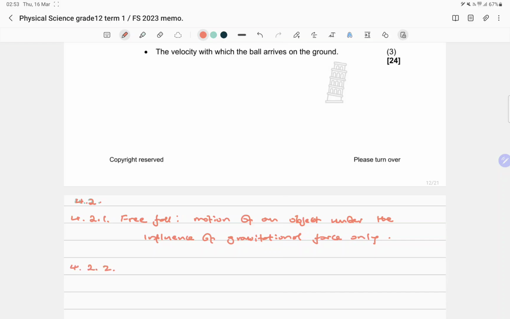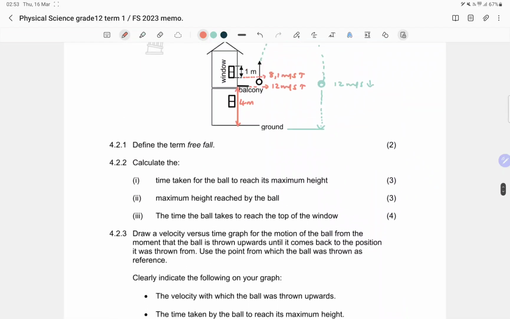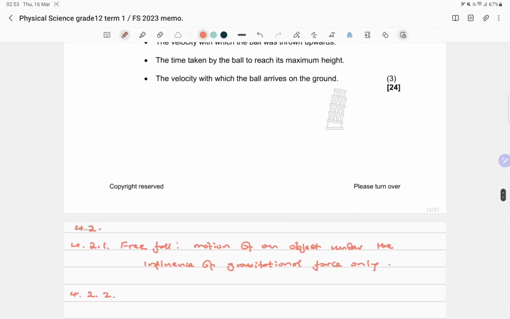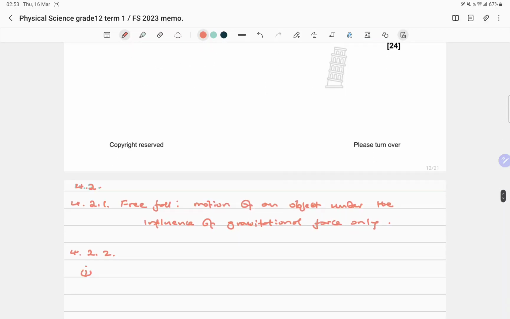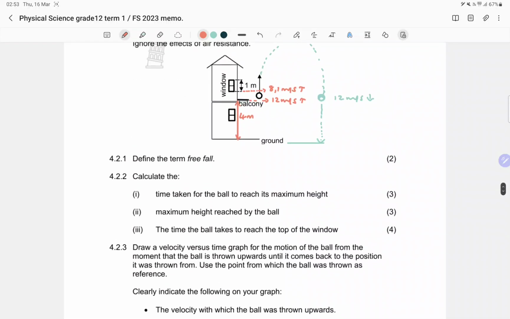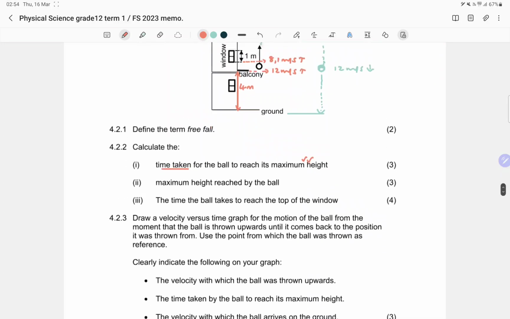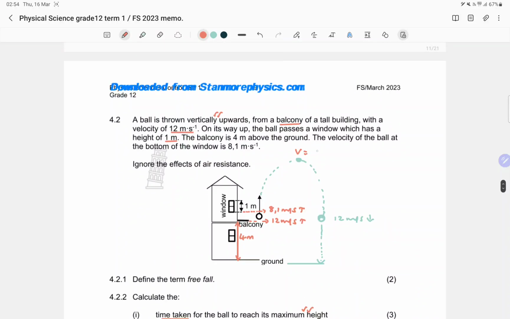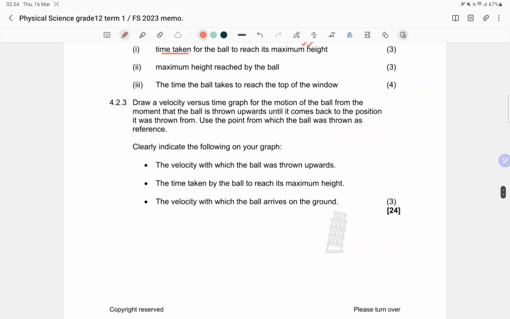So 4.2.2, what is the story? Now we've got Roman figures there too. Roman figure 1, it says calculate the time taken for the ball to reach its maximum height. Easy. We know that at the top the velocity becomes 0 meters per second.